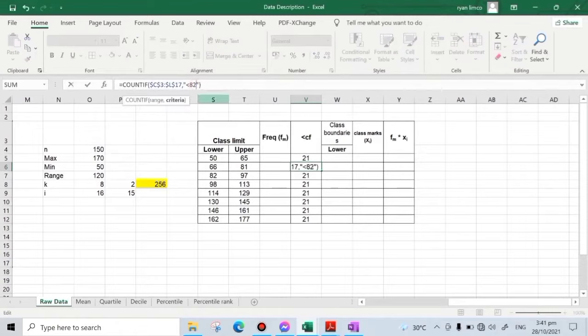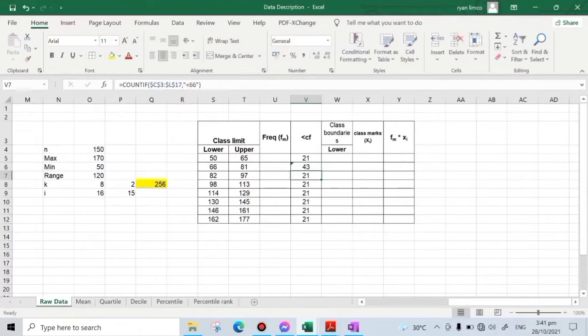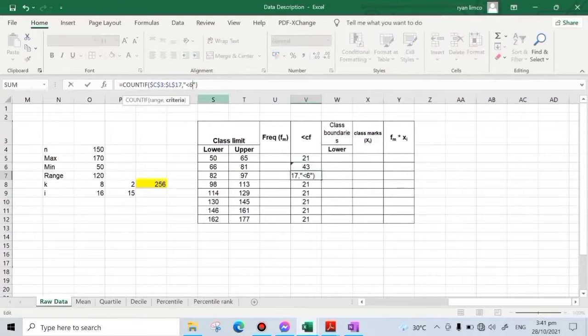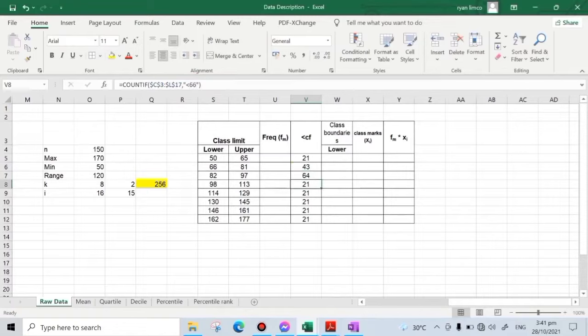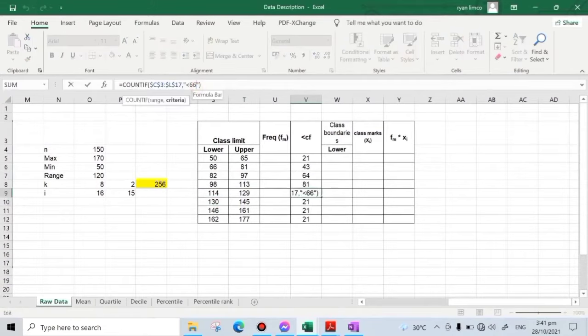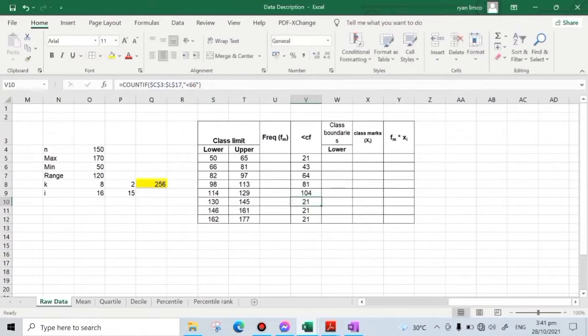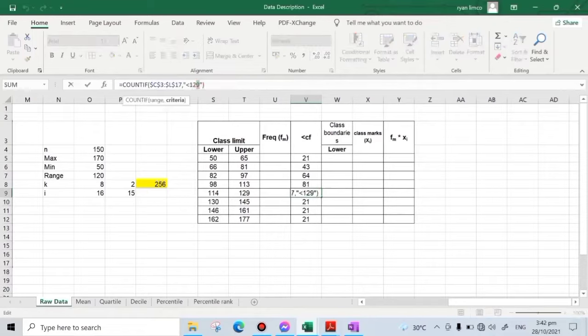We have 82. And in here, that's 97, and the next one is 98. 113, so gagamitin natin dito is 114. Pagpa-plus 1 lang tayo. Okay. So, for this, you have 129, and for this, 130.